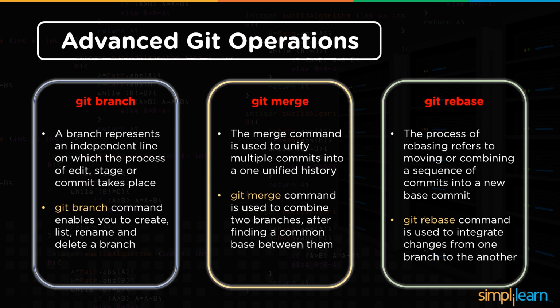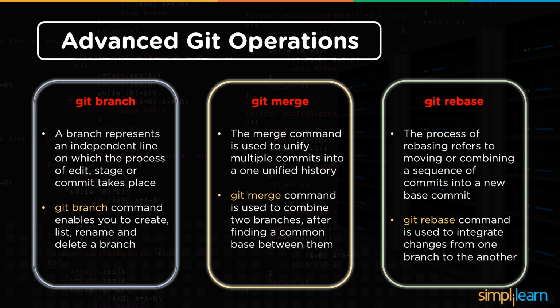But rebase combines the commits, and it may end up having a new base commit. So git rebase is modifying and restructuring the overall baseline of the commits, right?